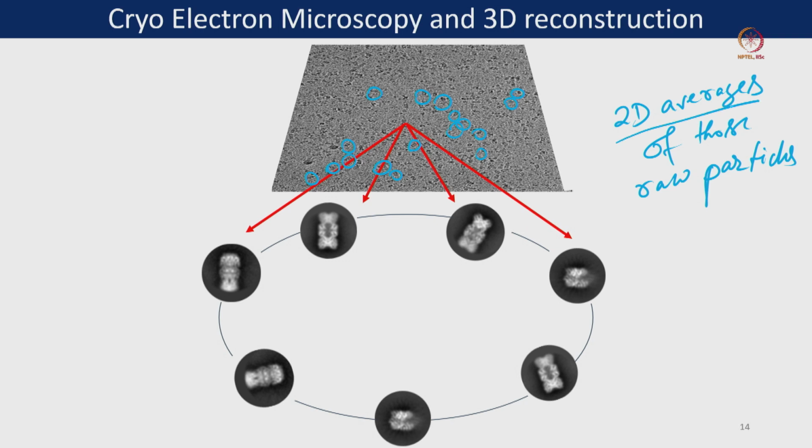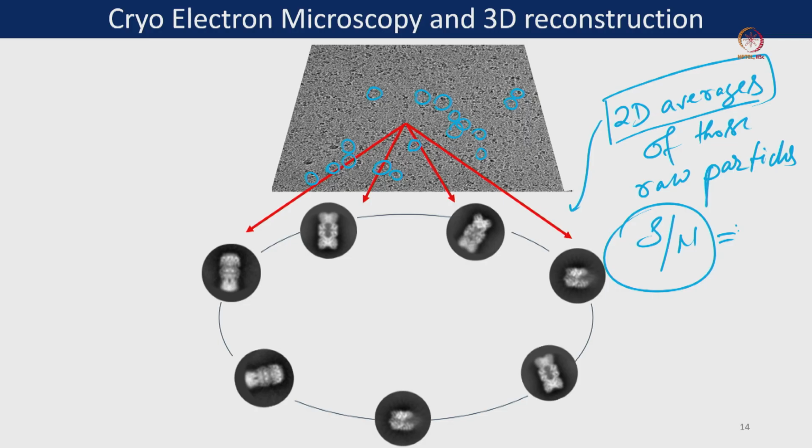We will come back and discuss what 2D averages are. Here you can just consider that we are trying to increase the signal to noise ratio. That is the reason we keep same-orientation particles together and then calculate their averages.